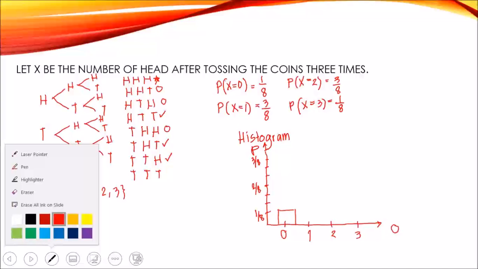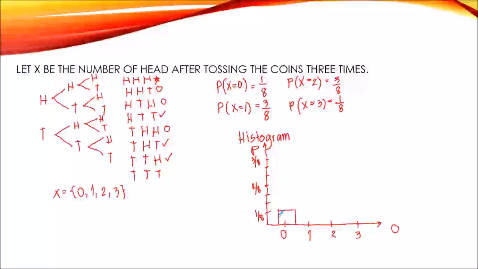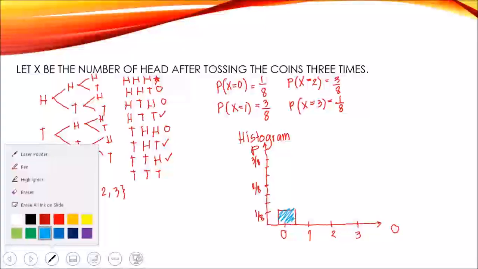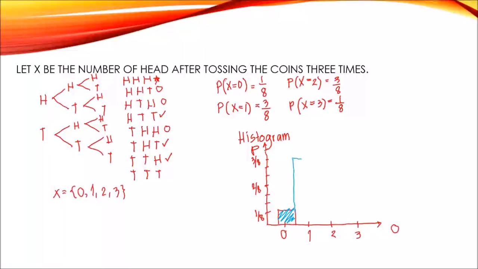And when x, or the number of heads, is equal to 1, our probability is 3 over 8. So we have 3 over 8 here. And when x equals 2, we also have 3 over 8 probability.